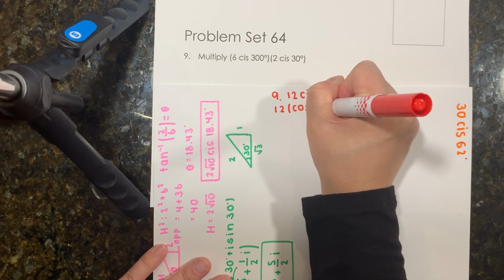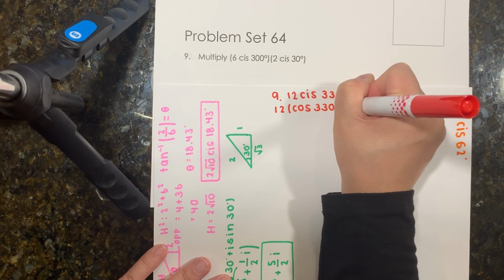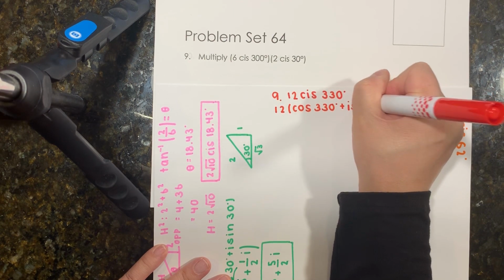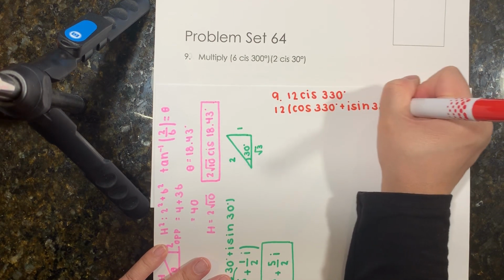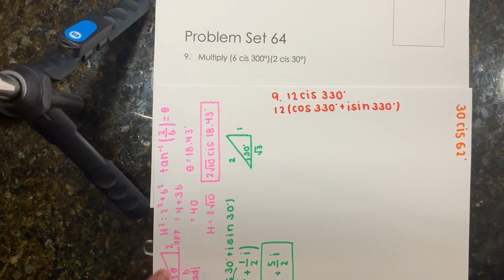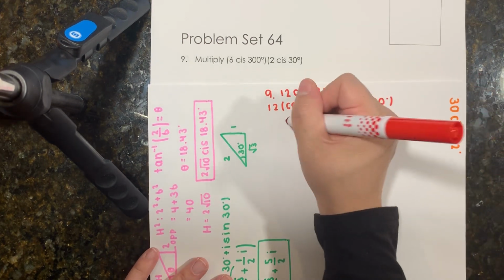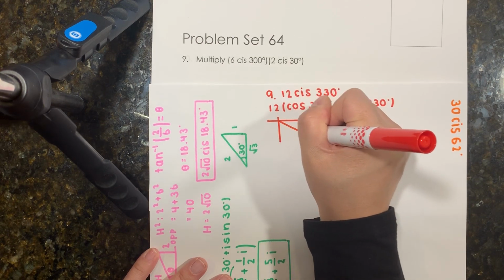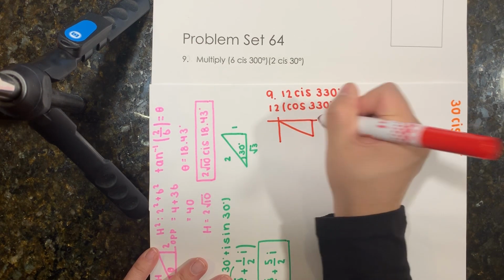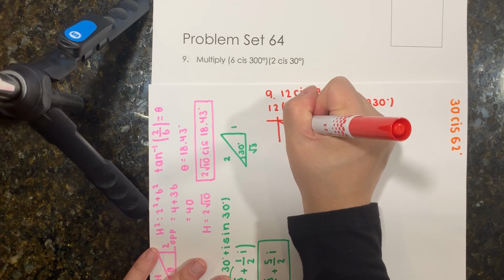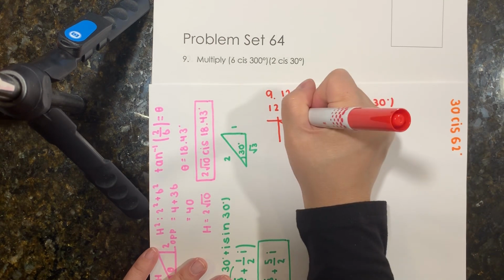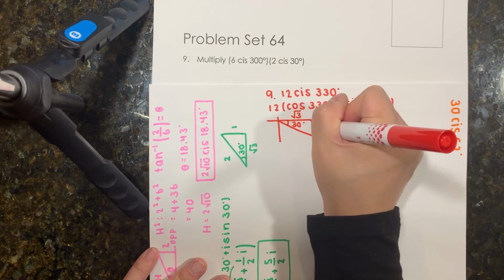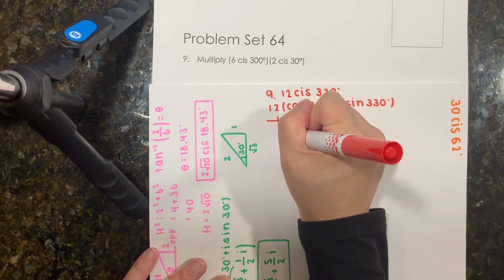So this would be cosine of 330 plus i sine of 330. Now 330 degrees I know is in quadrant 4, so I'm going to draw a triangle in quadrant 4. 330 degrees means that this angle right here is going to be 30. My adjacent side is going to be root 3, my opposite is -1, and my hypotenuse is 2.